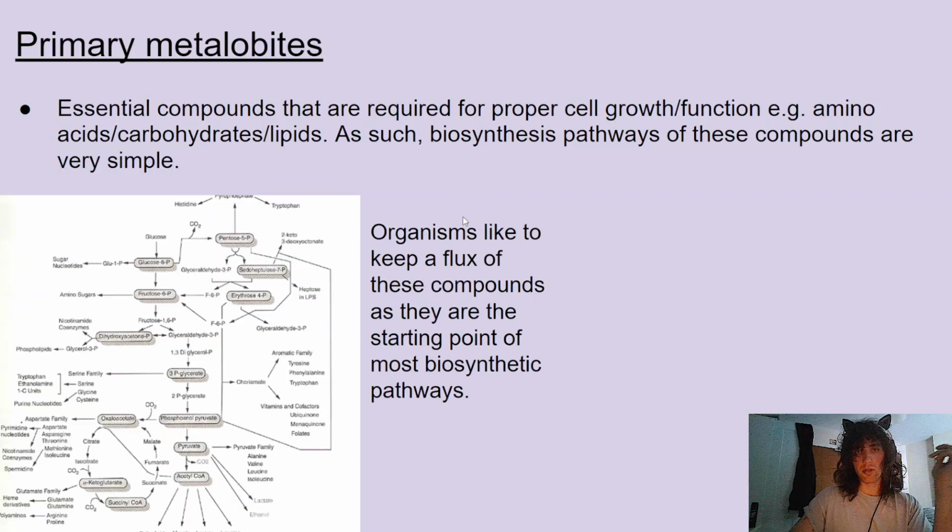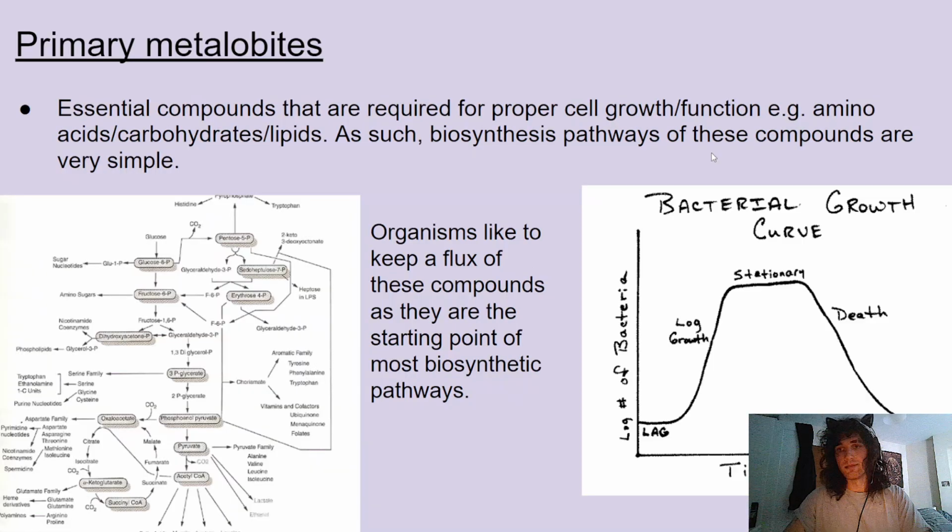Your organism likes to keep a flux of these compounds, as they are the starting point of most biosynthetic pathways. So obviously, as you know, your carbon sources, your pentose, your glucose, every biosynthetic pathway originates from these. But also, as you can see here, stuff like oxaloacetate can give you aspartate family molecules and whatnot.